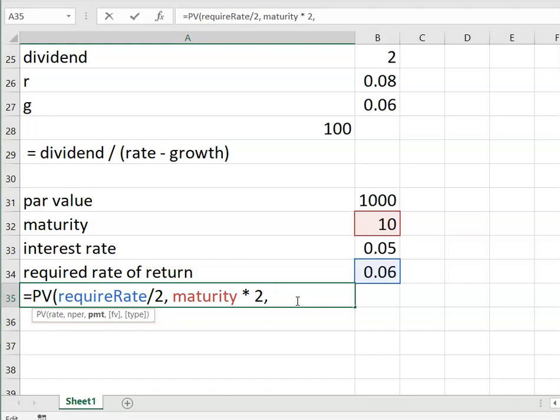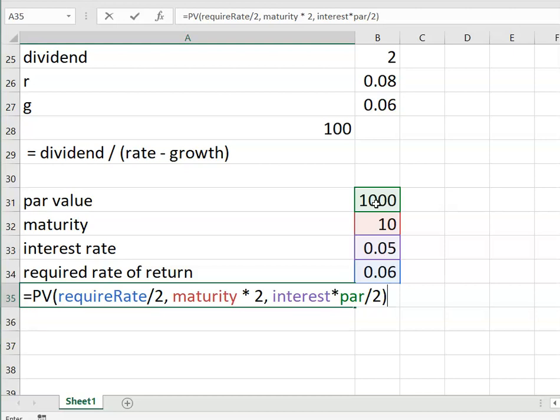The payment, well, the payment is going to be the interest times the par value. But remember that gets paid twice a year. So I'm going to divide that by 2. And I have no future value, so I can just stop it there.